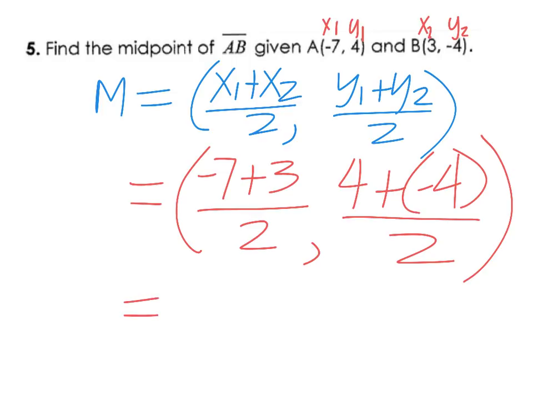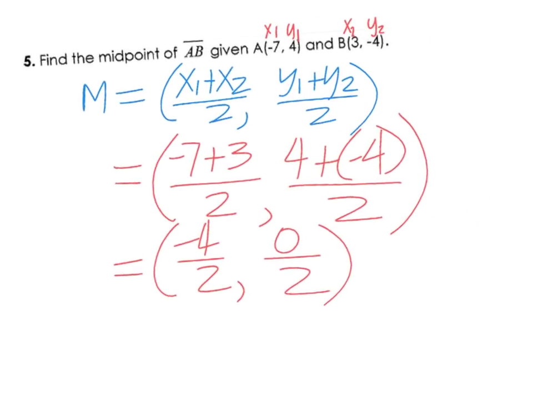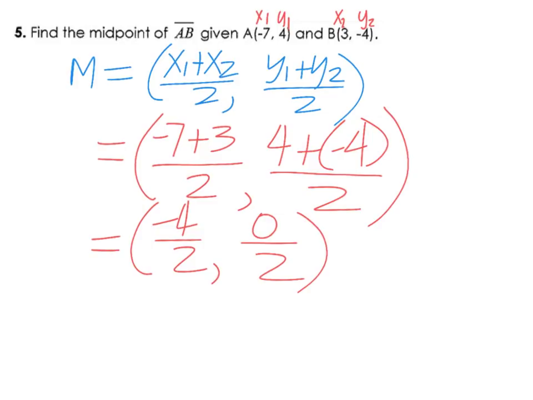Negative 7 plus 3 gives us negative 4 divided by 2. 4 plus a negative 4 gives us 0 divided by 2. Negative 4 divided by 2 gives us negative 2, and 0 divided by 2 gives us 0.